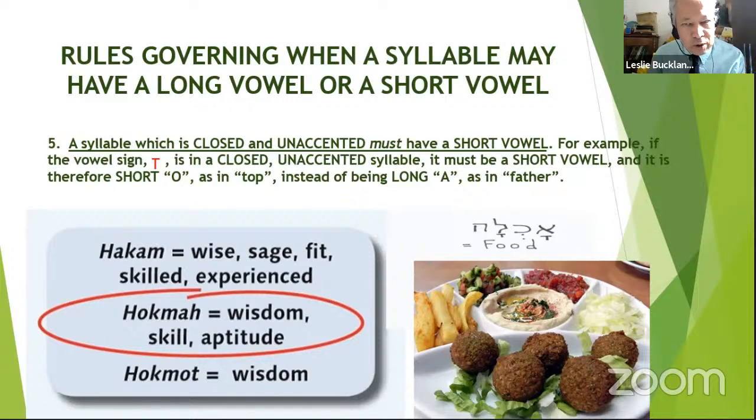And that is the short vowel, the capital T symbol, which is kames hatuf or kames katuf, a short sound.